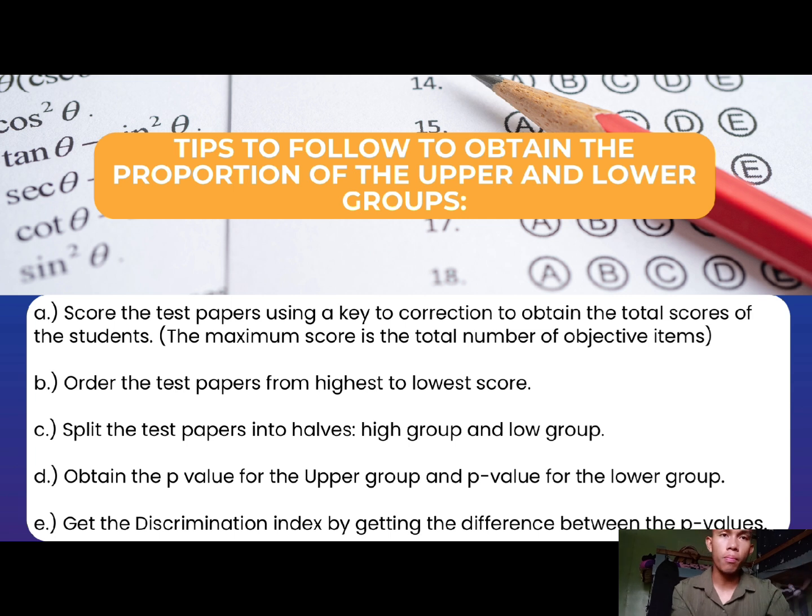Subtracting them, we get 0.90 minus 0.50, which is equal to 0.40. This result means that the item has good discrimination because it clearly separates high scorers from low scorers.